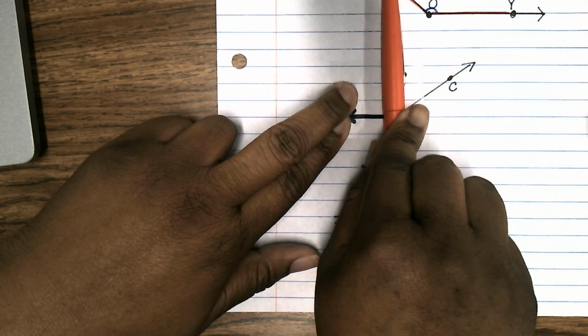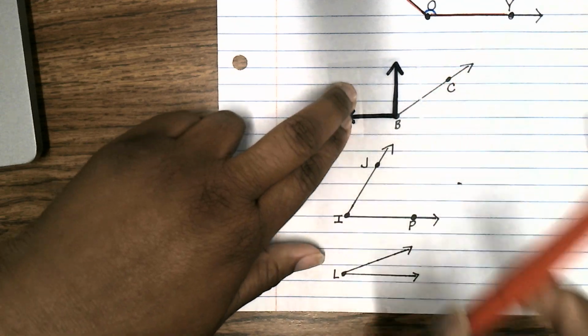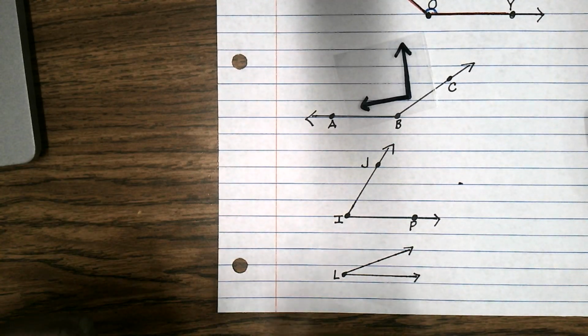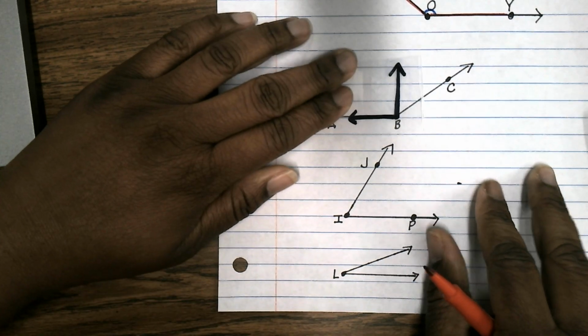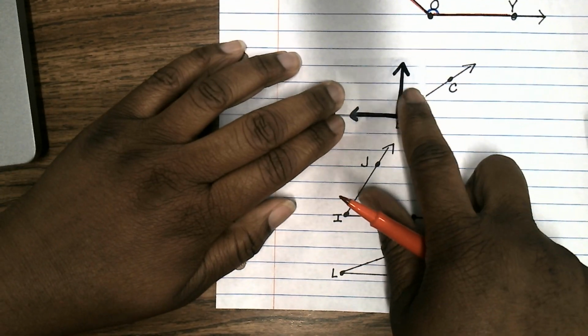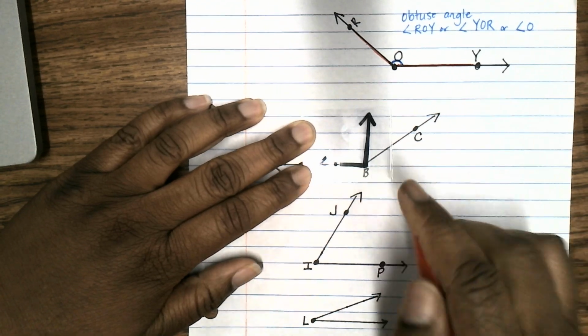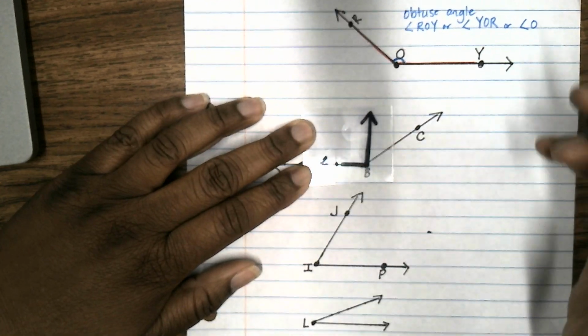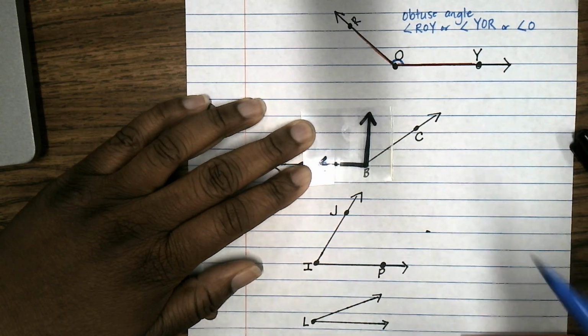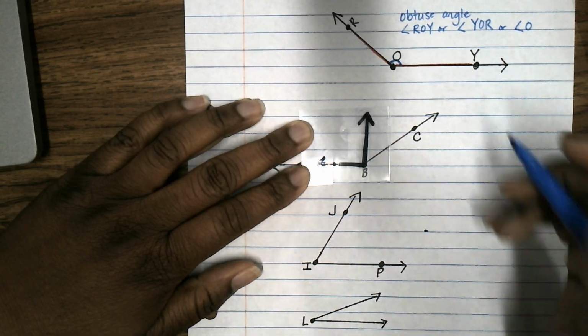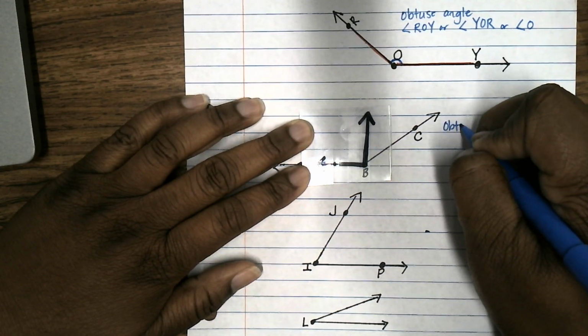It's not closing, it's opening up, which means that it is going to create an angle. If it's opening up wider, that means it's getting larger. So if it's larger than a right angle, then it's called an obtuse angle as well.